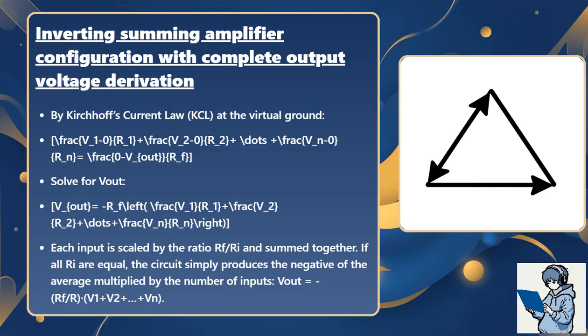Each input is scaled by the ratio Rf over Ri and summed together. If all Ri are equal, the circuit simply produces the negative of the sum scaled by Rf over R: V out equals negative (Rf/R) times (V1 plus V2 plus Vn).